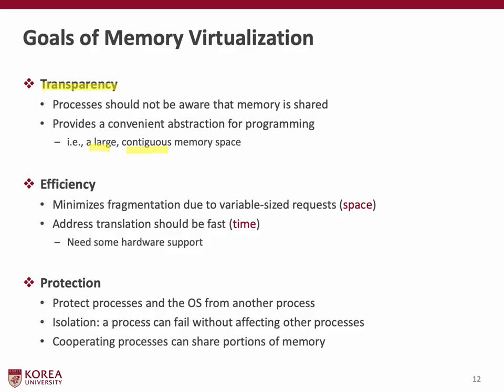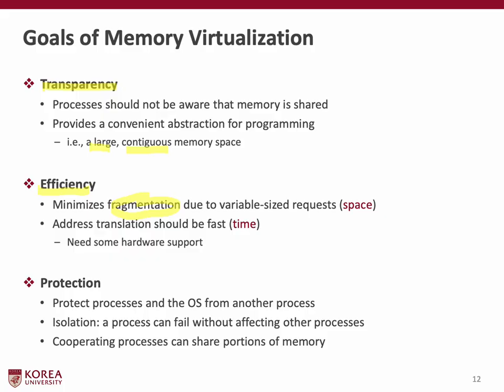So virtualization gives us a really convenient abstraction for programming. And the next is efficiency. We also want to use memory efficiently. That means minimizing something called fragmentation, which basically refers to wasted memory space. We will talk about fragmentation in detail later.